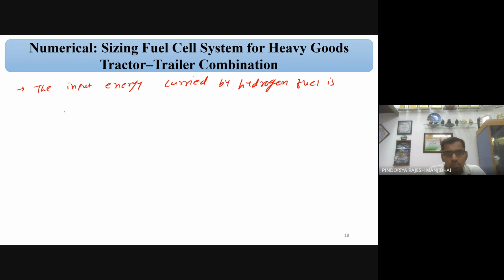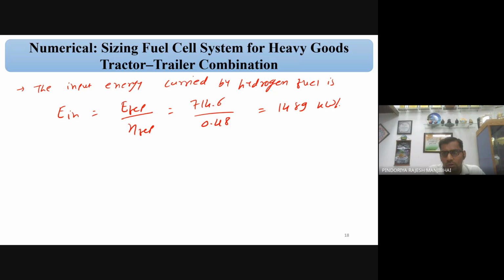So E in, input energy, is equal to the fuel cell plant energy divided by the efficiency of the fuel cell plant. So 714.6 divided by efficiency of fuel cell 0.48 is equal to 1489 kilowatt hours. So this is the energy input.